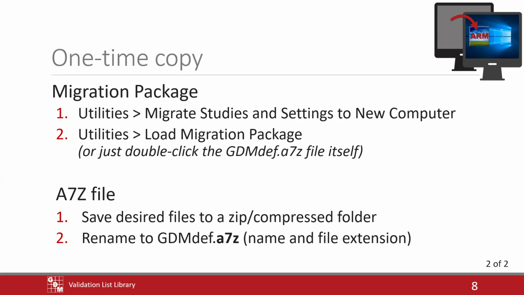So nothing really magical other than that. And just by changing, instead of .zip, changing it to A7Z, then Windows will send the file to ARM instead of its usual zip functionality.